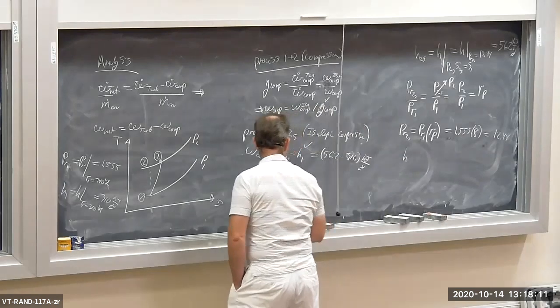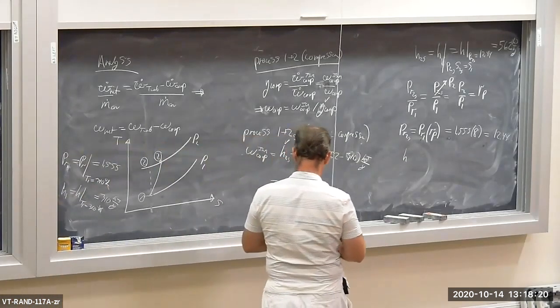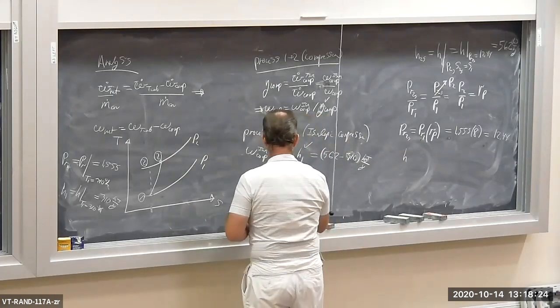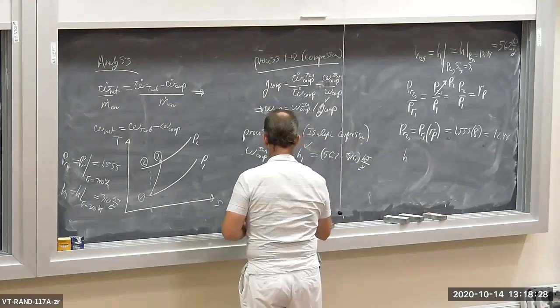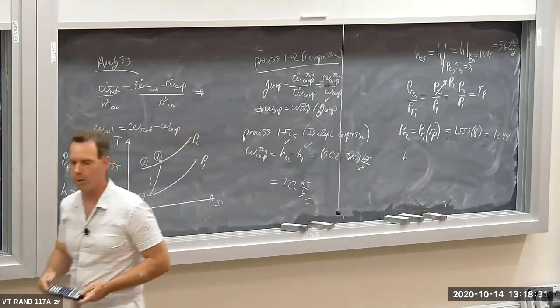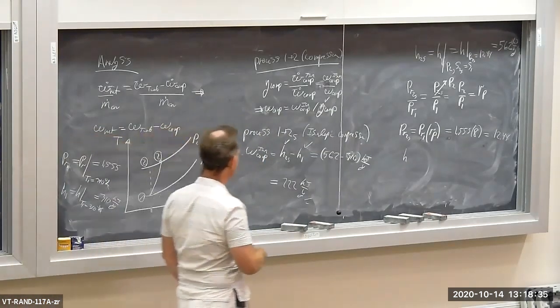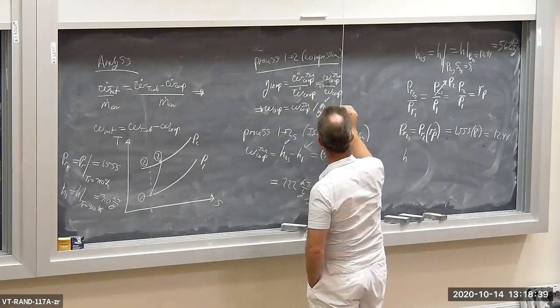I get an isentropic compressor work per unit mass of 222 kilojoules per kilogram. So I now have the isentropic compressor work.